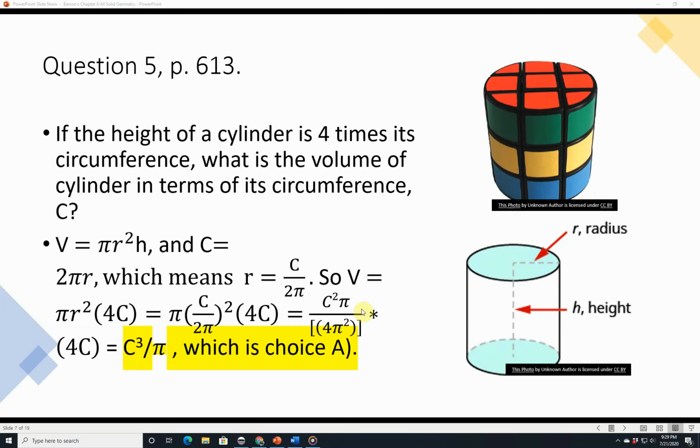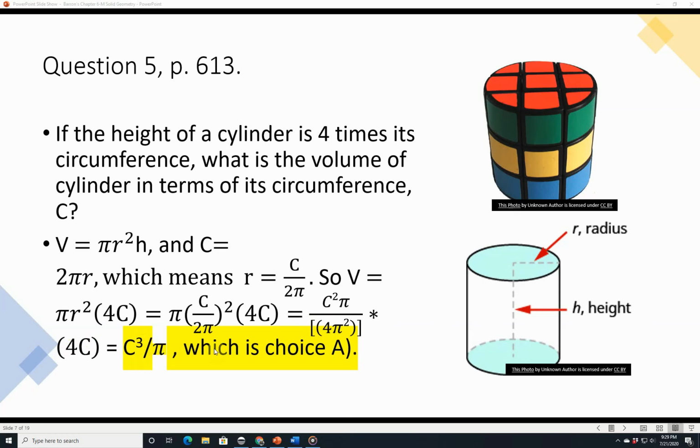So you can see that this pi and one of these pi's cancel out. We have c squared times 4c, so you have a c cubed. There's a 4 on the top and a 4 on the bottom. Those cancel out, so again we end up with c cubed times pi, which is choice A.